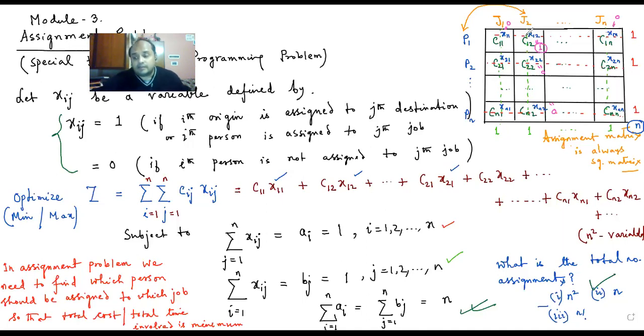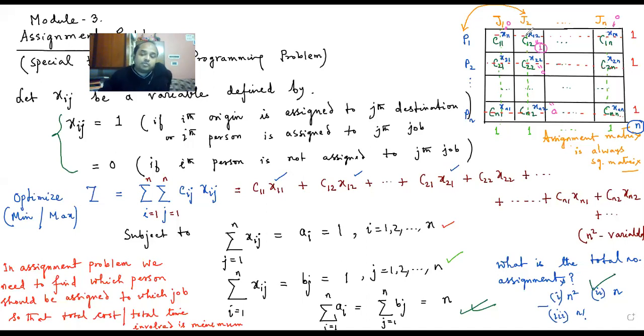So the value 1 will be scattered throughout the table in some fashion. And when you are putting the value 0, that means you are not giving any assignment at all. You are not assigning person P1 to job J1, or you are not assigning person P1 to job Jn, and so on, because person P1 has got the responsibility of doing job J2.